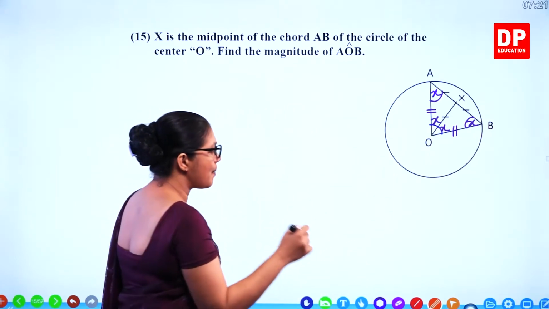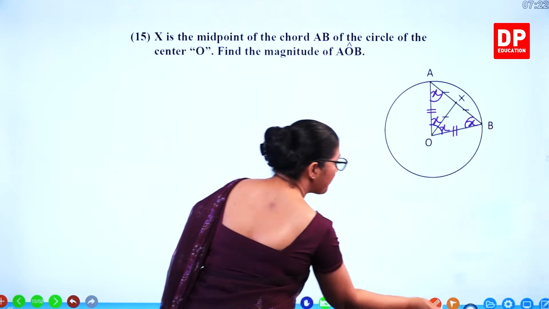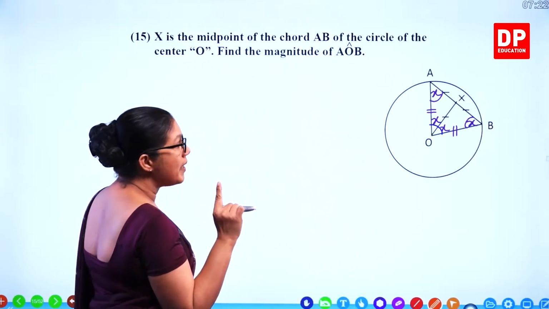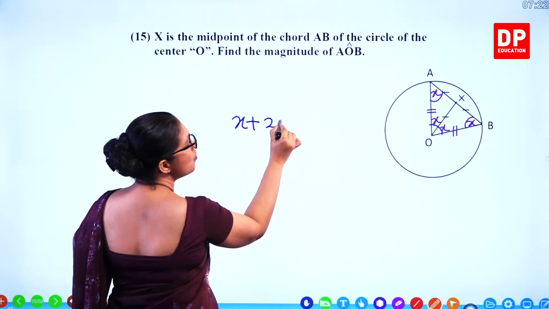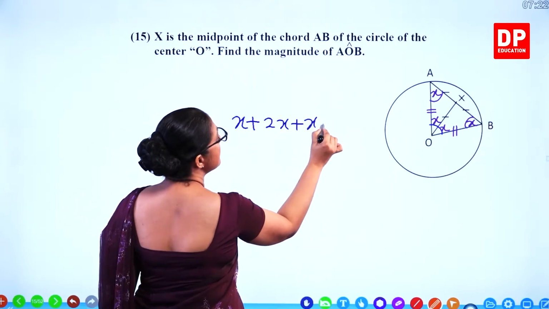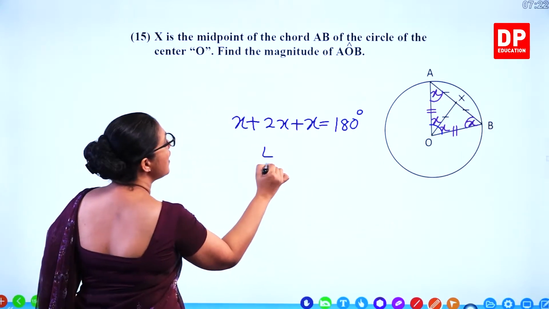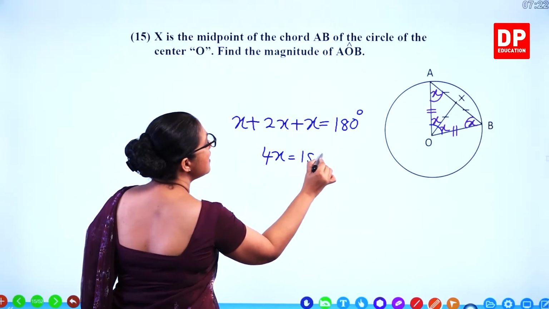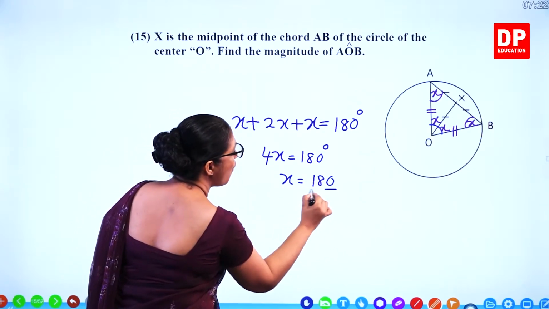Now you can think about sum of angles in a triangle. So when you take AOB triangle, you get x plus 2x plus x is 180 degrees. So you get 4x equals 180. So what's the x angle? You divide by 4.